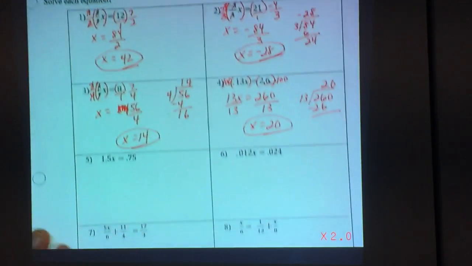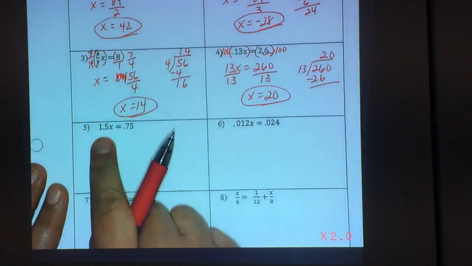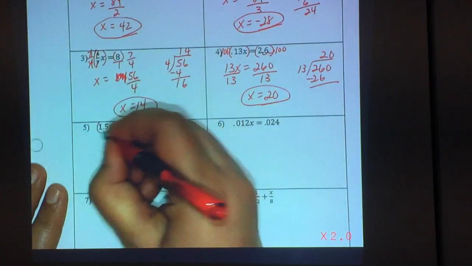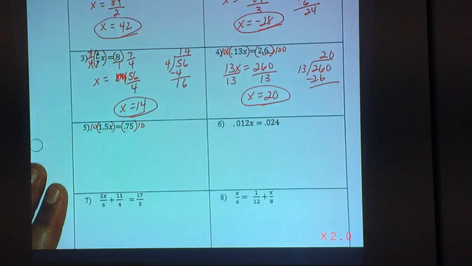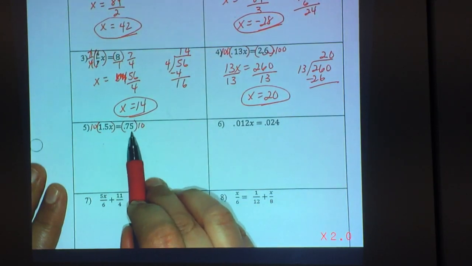Here's my coefficient. How many decimal places are there? Just 1. So we will multiply by 10. Remember, when your coefficient is a decimal, it dictates how many places you move it. I know this one has 2 decimal places, but there's no variable on there, so this is not a coefficient.